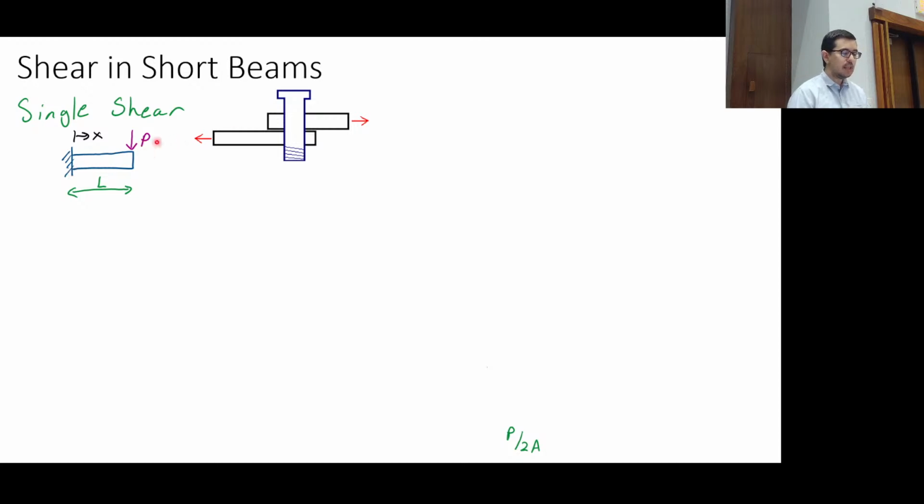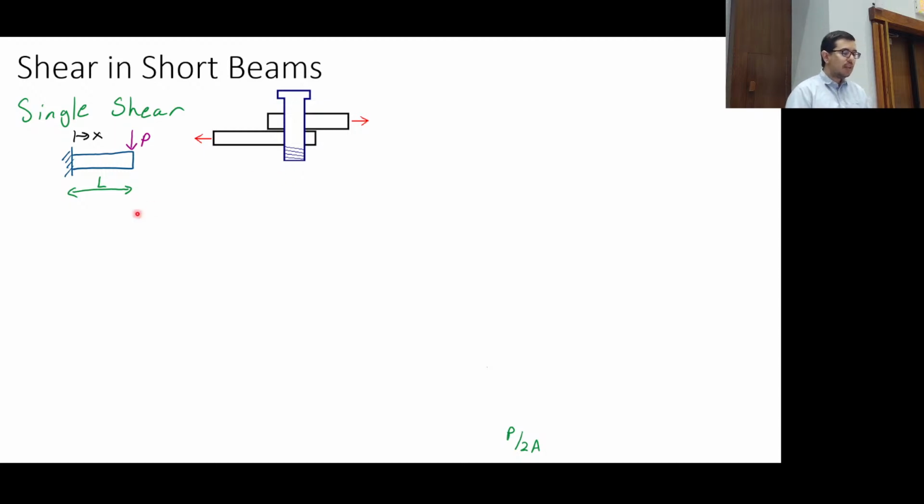Let's say that this top piece was the fixed end of the beam, and now we've got this bottom piece, or vice versa, that's applying a transverse normal load. Can everybody see that? It's rotated 90 degrees so that it looks like this.